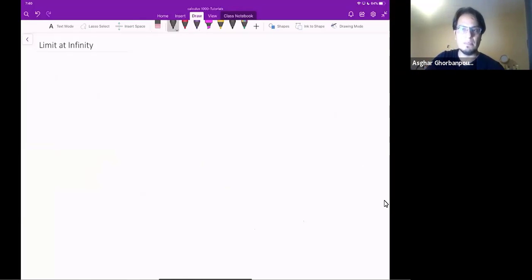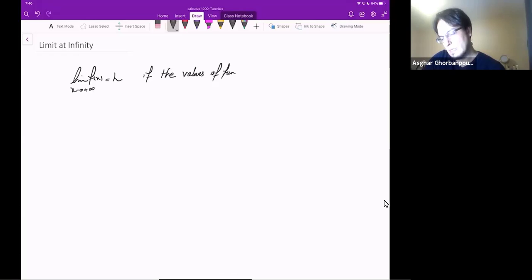Limit at infinity means that when we increase the value of x, the limit of f(x) as x approaches plus infinity is equal to L if the values of the function get closer and closer to L, or as close as we want, by increasing the value of x.